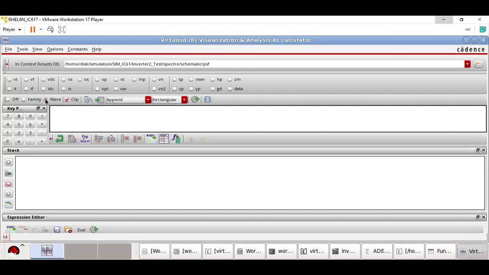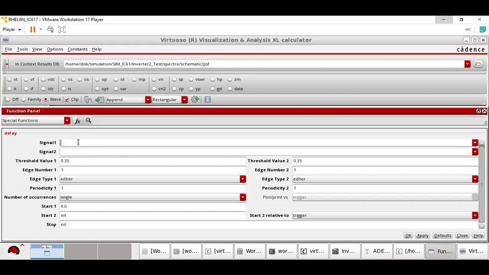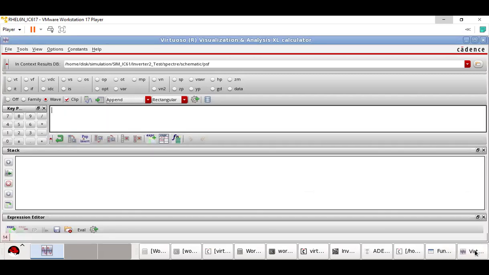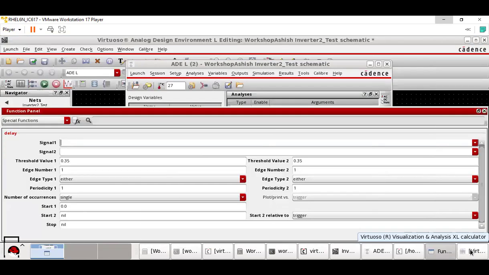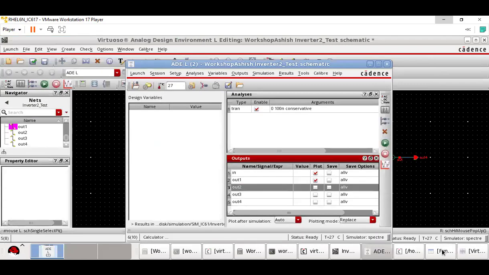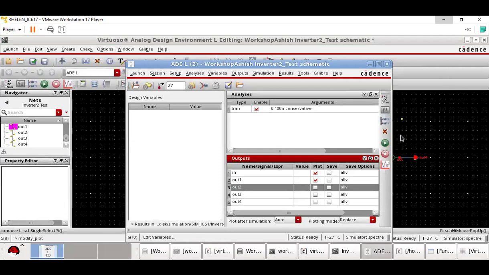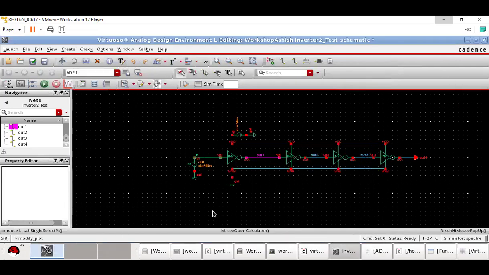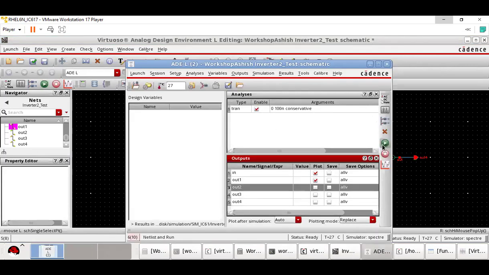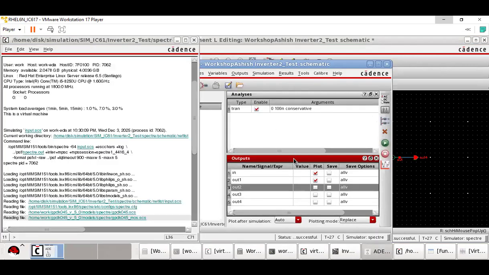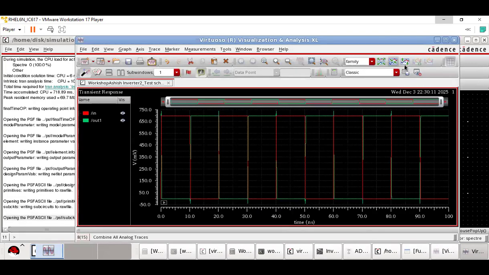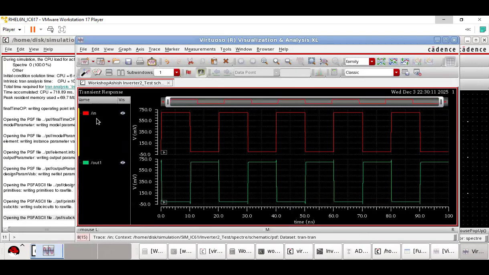Now you select the wave from here. And then signal 1. Once you click on signal 1, you go to wave shape. Where is your wave shape? We'll create the wave again. Okay. So red is your input, green is your output.